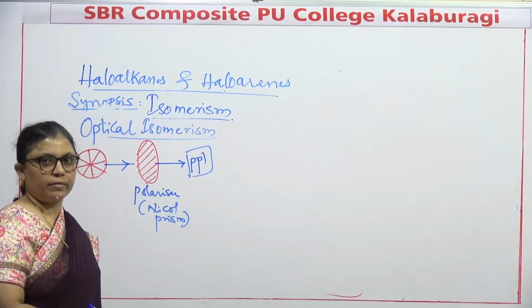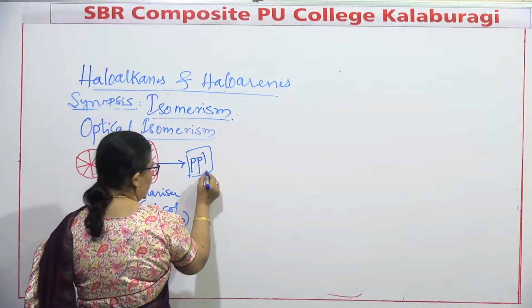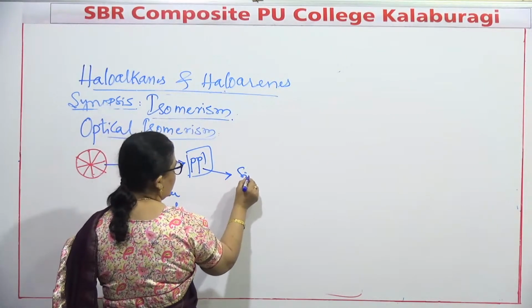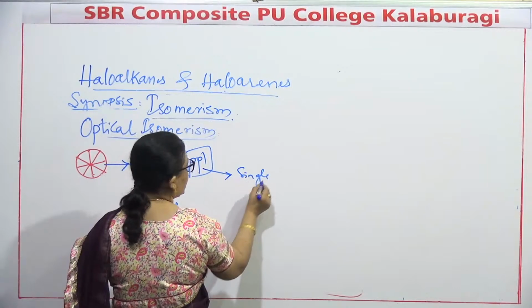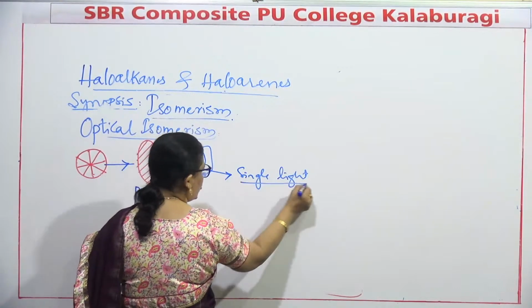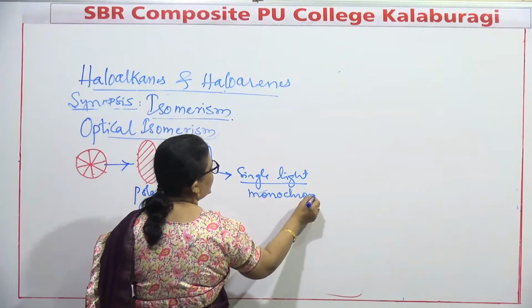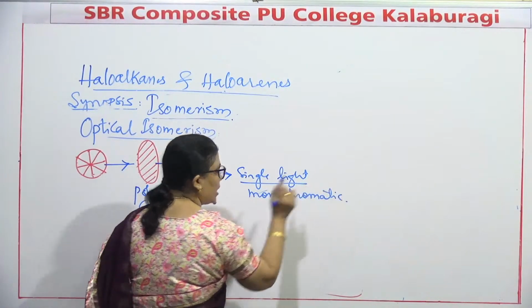Remember one thing, plane polarized light is monochromatic. Chroma means color, mono means single.